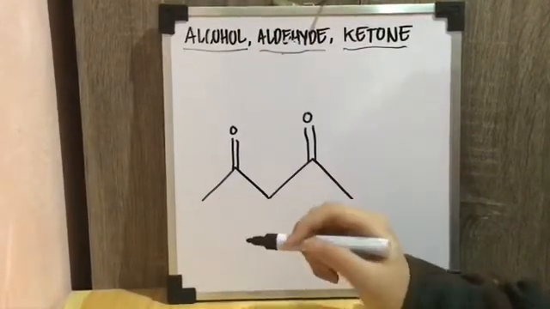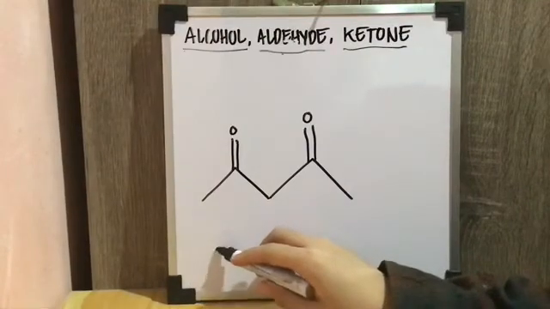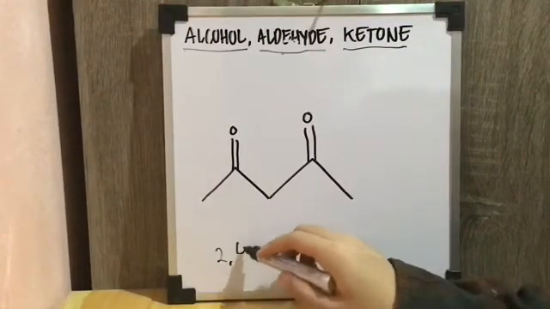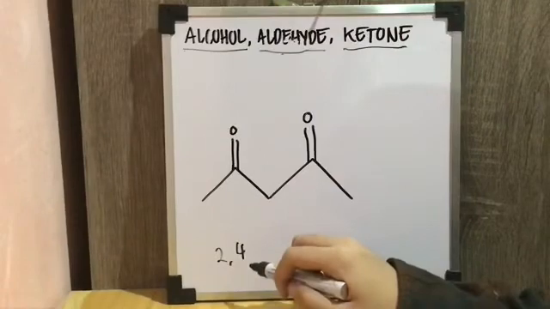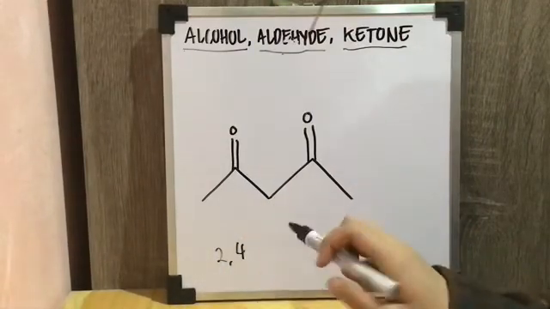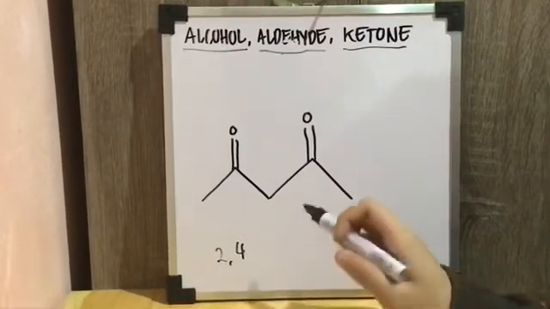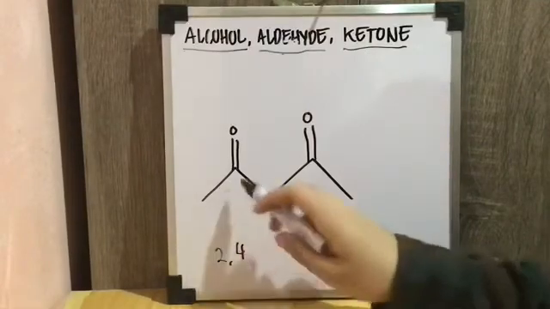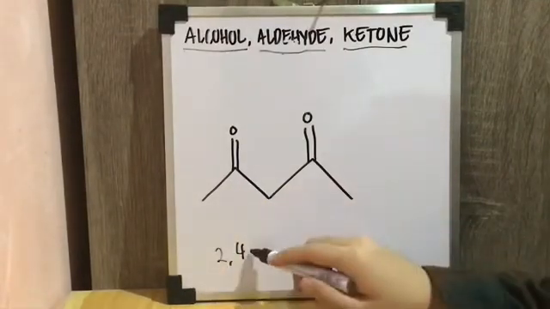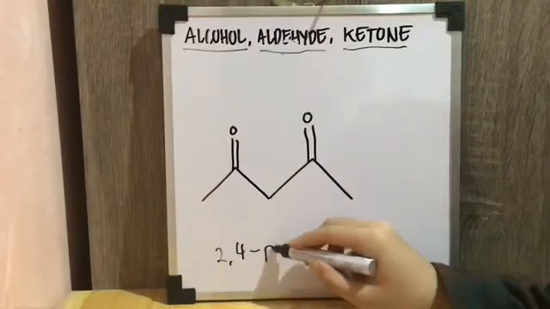So we write down the numbers first, of course. So we have 2 and then 4. That would signify that there are 2 attachments connected to it. And since this is a pentane, you write down pentane.